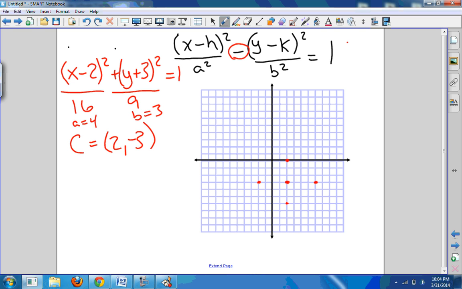Alright, this is where it changes. We have these points, and we're going to make a rectangle around them. Let's make a nice rectangle around these points, and this is going to help me with my hyperbola.